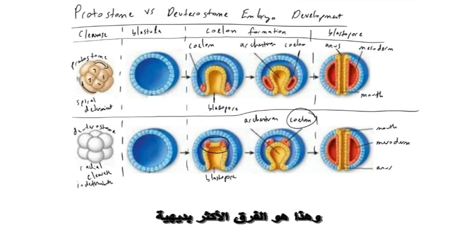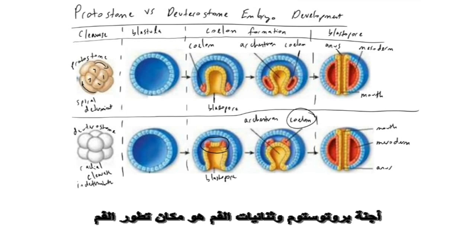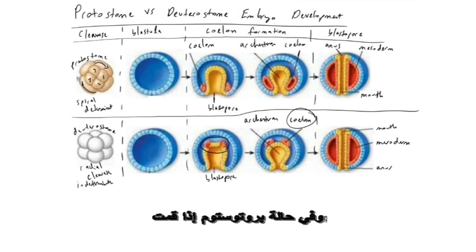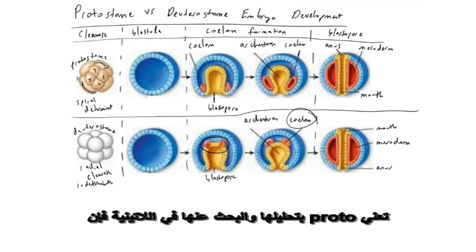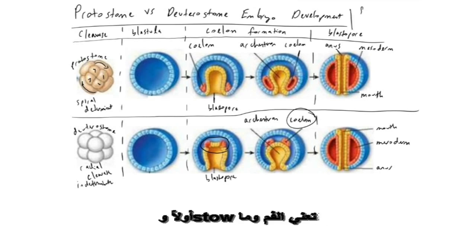And finally, and this is the most intuitive difference between protostome and deuterostome embryos, is where the mouth develops. In the case of protostomes, if you break down and look up the Latin, proto means first, and stome means mouth.